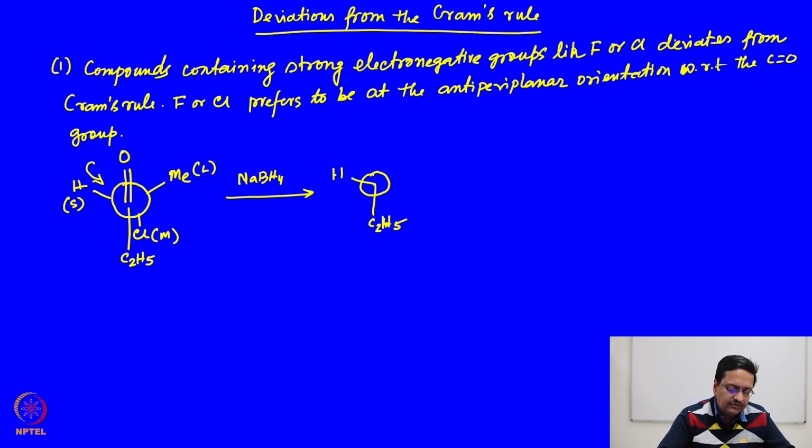So, you get hydrogen here and OH is formed at the right hand side, keeping the chlorine, methyl and hydrogens intact.